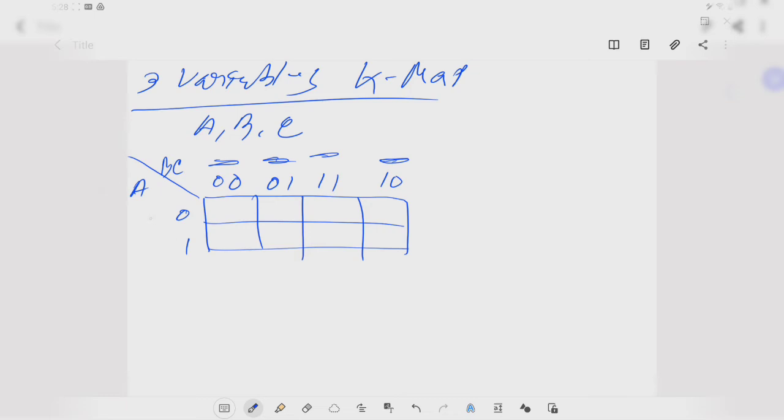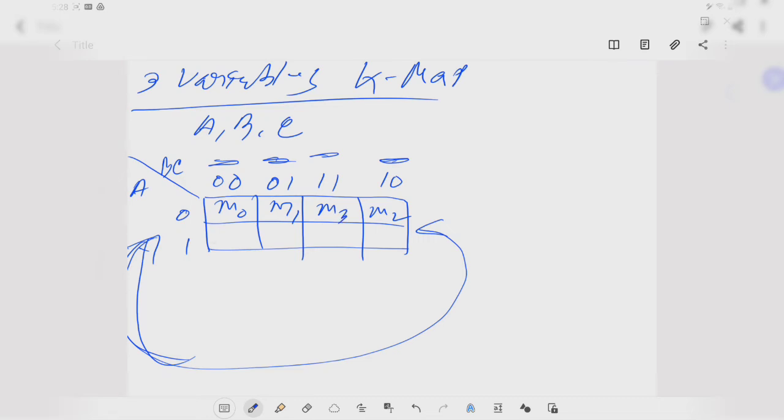Because this side and that side, these two are connected. We assume that these two are connected. So now the first minterm, M0, M1, and M2 is not here, it's there, then M3.